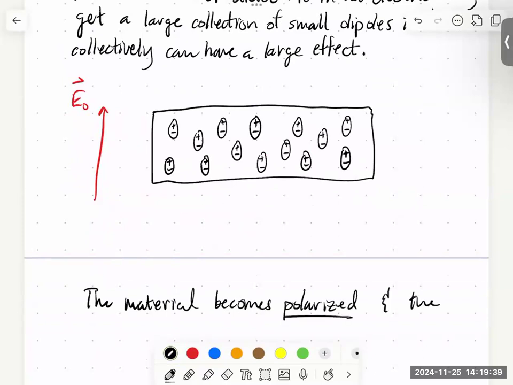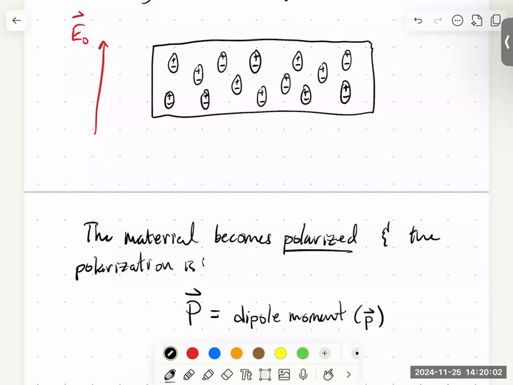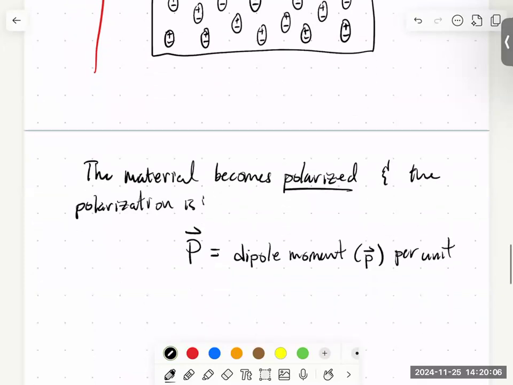And the polarization, this is a capital P, is going to be the dipole moment per unit volume. So this is dipole moment, which is little p per unit volume.